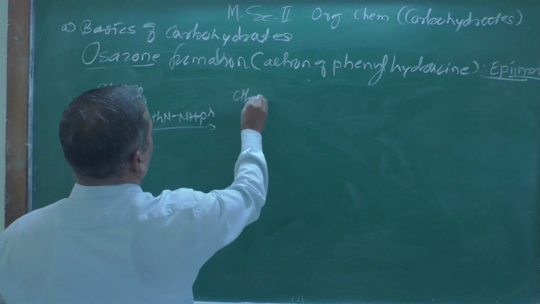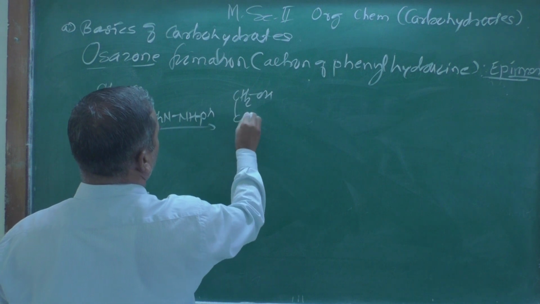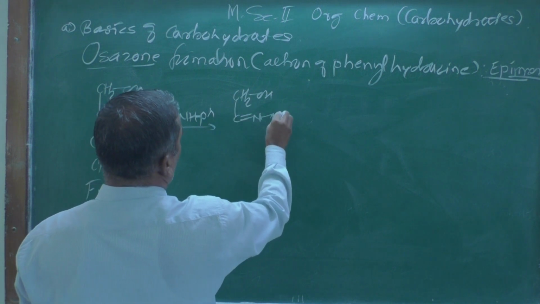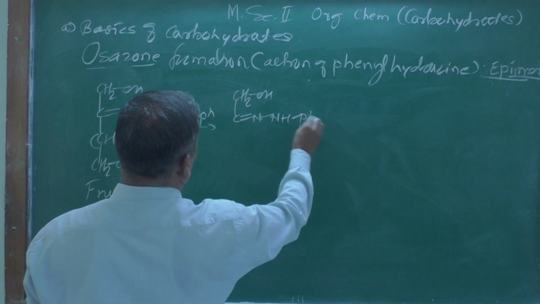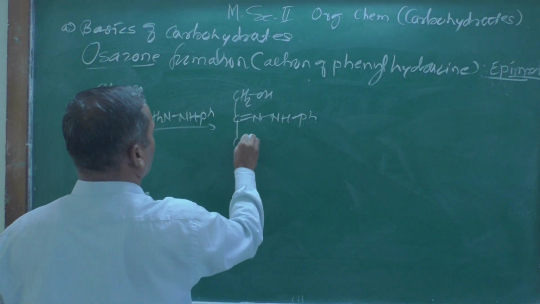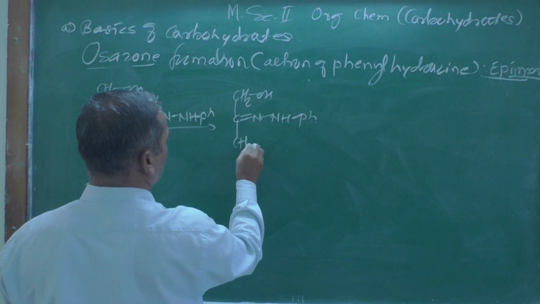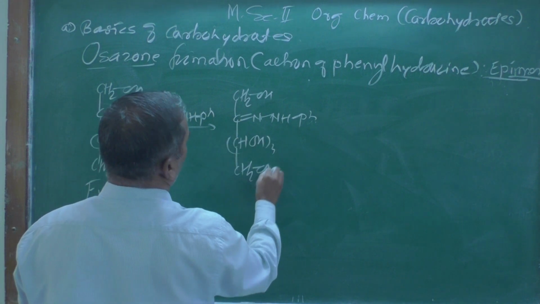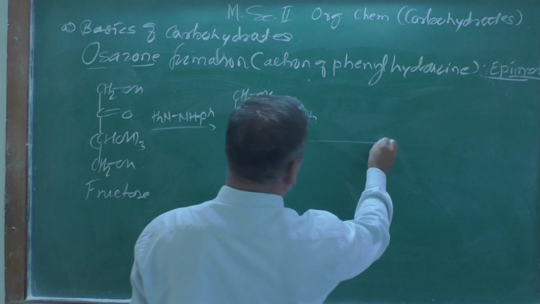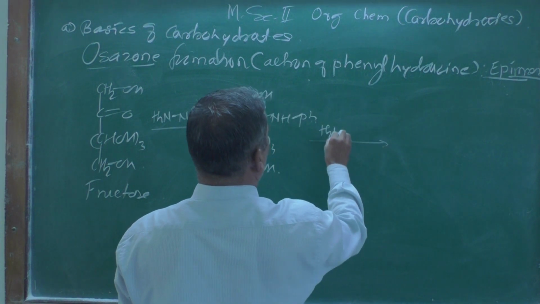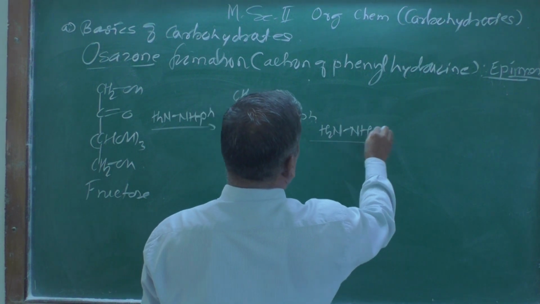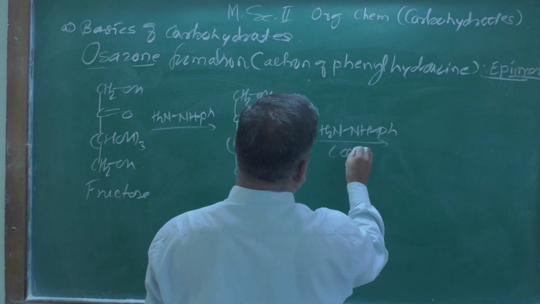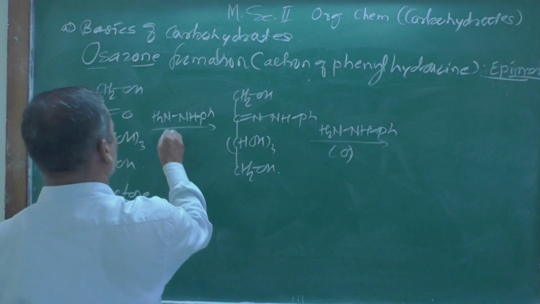It gives CH2OH, then C double bond N-NH-Ph, then the rest of the thing, CHOH four times, and then CH2OH. And when it is further treated with H2N-NH-Ph, an oxidation reaction takes place here.